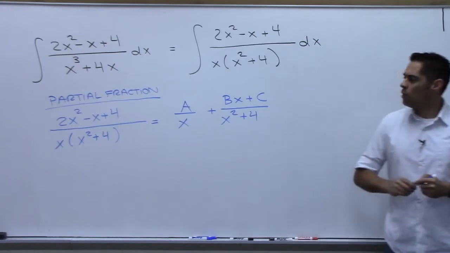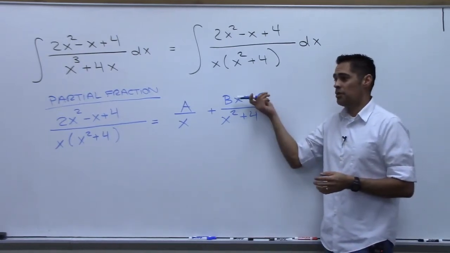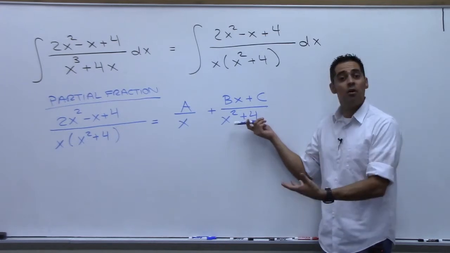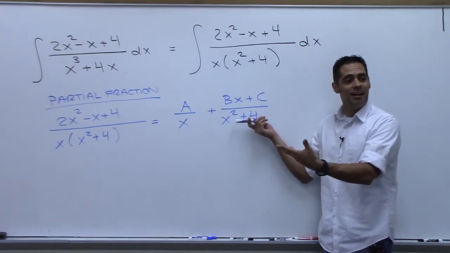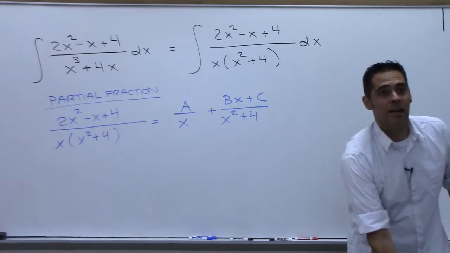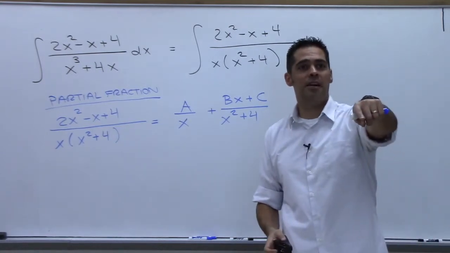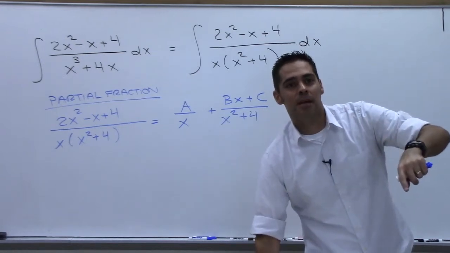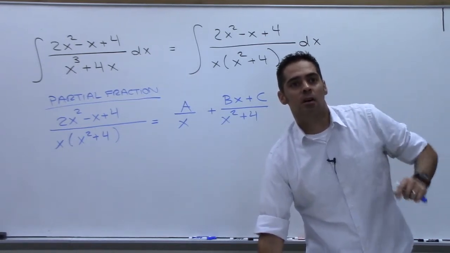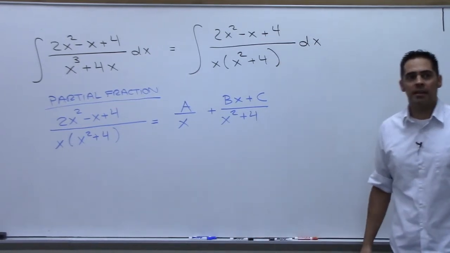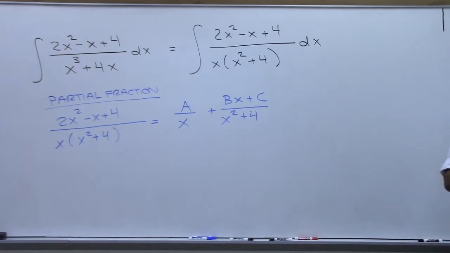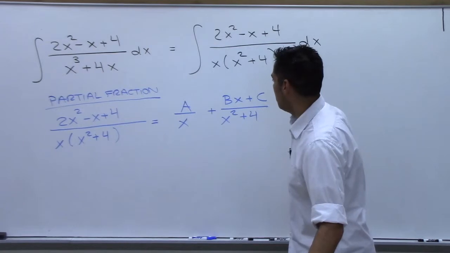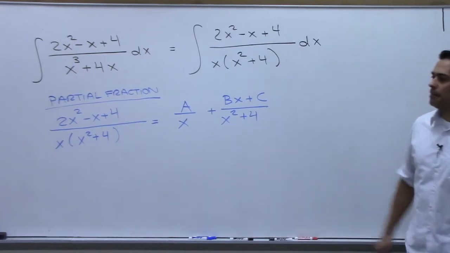Now, why in the world would we want to put a linear expression on top of a quadratic that we can't reduce? Because we know how to do that. That's one of the things I said we should know how to do. What happens if we have a linear over an irreducible quadratic? We know how to do it, so we'll see when we get there. So that's going to be it.